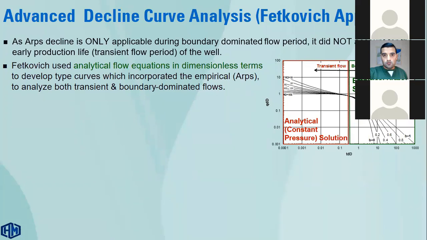Fetkovich used the analytical flow equations in dimensionless format to develop type curves. As you can see, we have this type curve for Fetkovich, which incorporated the empirical Arps solution in addition to the transient solution to finally characterize the entire period of our well, including the transient and pseudo-steady state flow condition.